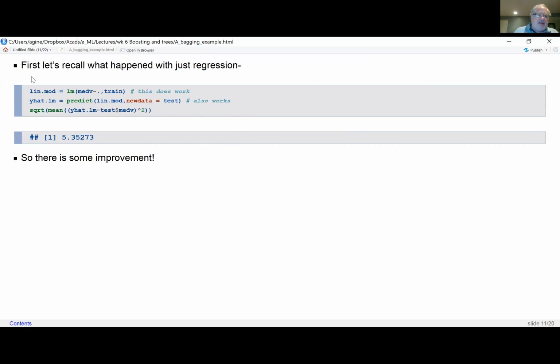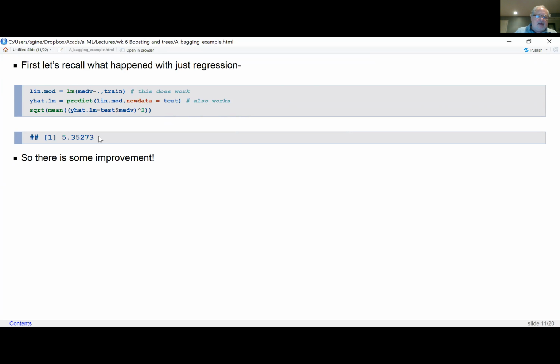Let's just do it. I can do the linear model. lm is the command for linear model, and it's the same thing. My formula is I want to predict median value with all the other variables. I give it the train data set, I create this linear model, I throw it in the predict function, the new data is the test, and I want to see how that compares.